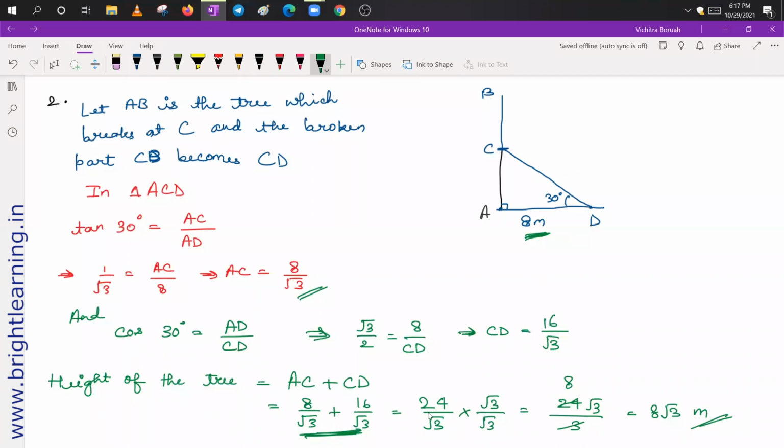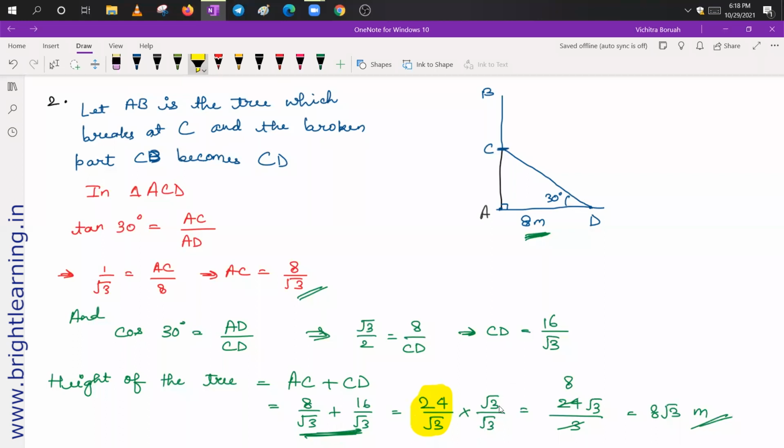Okay, and 16 plus 8 you will get 24. So adding these two terms, you will get 24 upon root 3. So you can leave the answer here also, but if you want to rationalize, in that case you will multiply both the numerator and denominator by root 3.